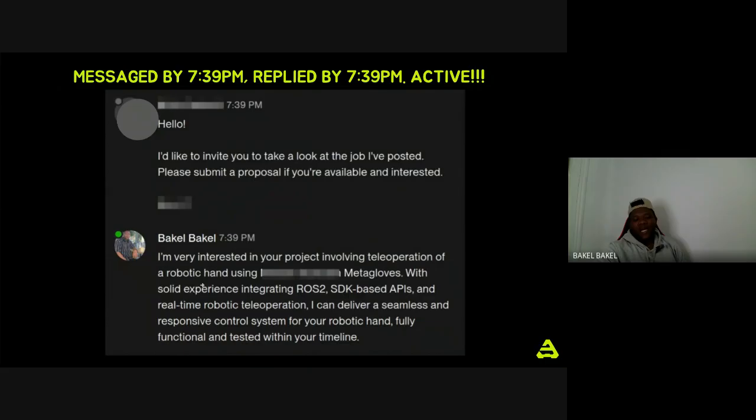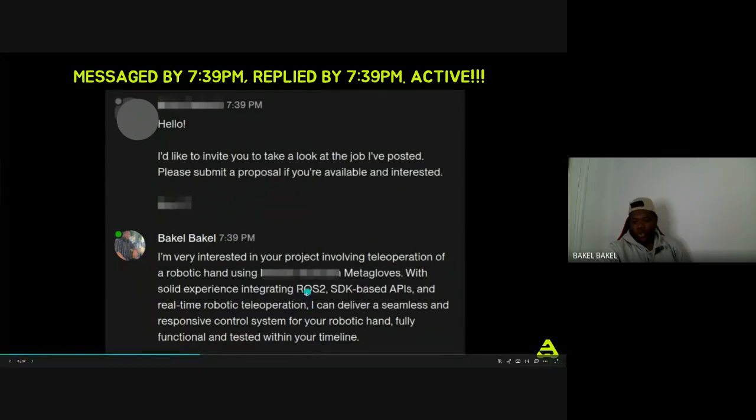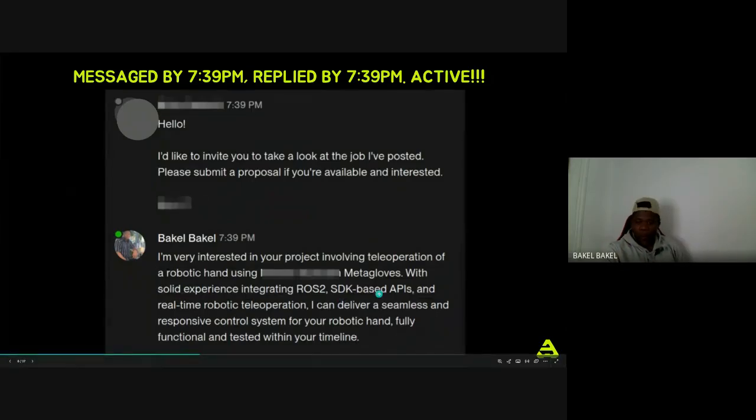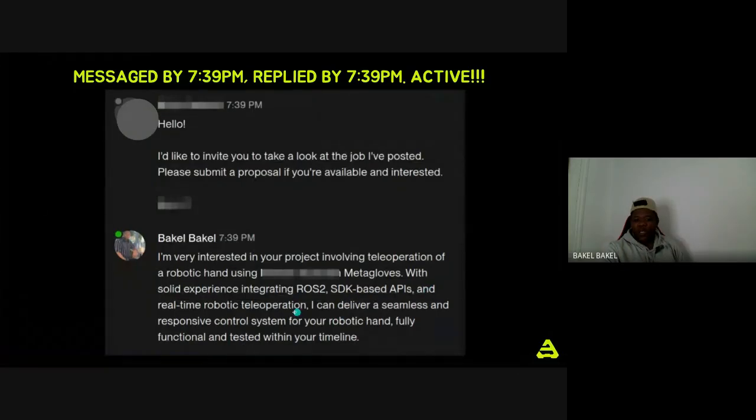Now, this was what they told me. And what they wanted was for me to use ROS to do it. There's an SDK for the gloves. As you can see, these are Meta gloves. I'll show you something about Meta, but let's keep that aside for now. So what I wanted to get was real-time robotic teleoperation.